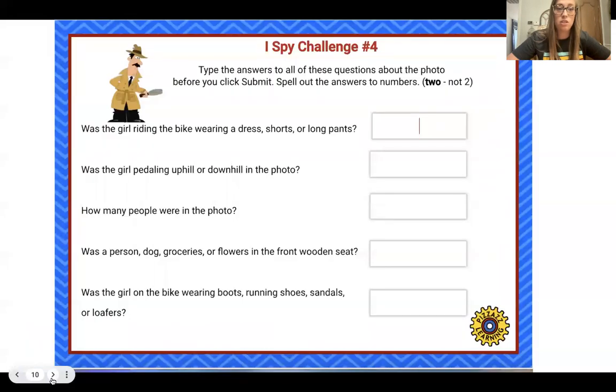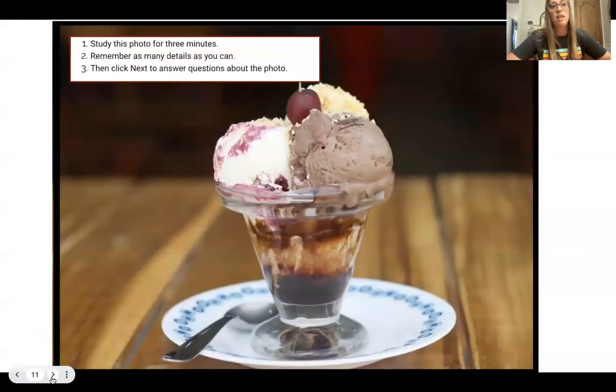And here are the questions. Here's a picture of an ice cream on a table.